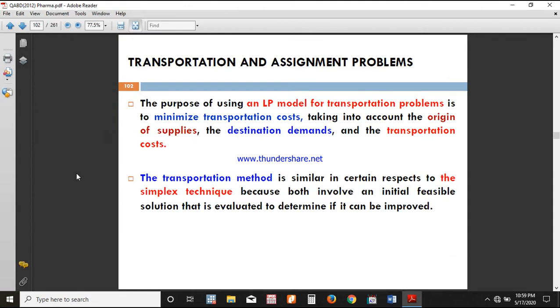The transportation and assignment problem is normally a continuation of the linear programming model, with the objective of minimizing the total transportation costs, taking into account the origin of supplies and the destination of demands.